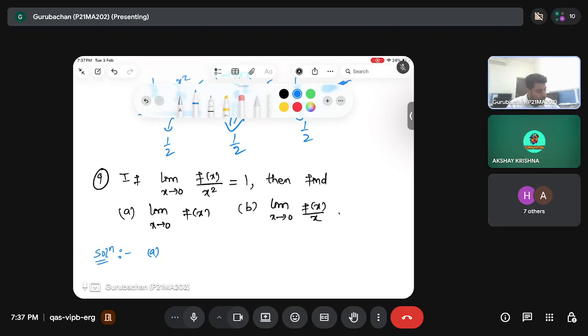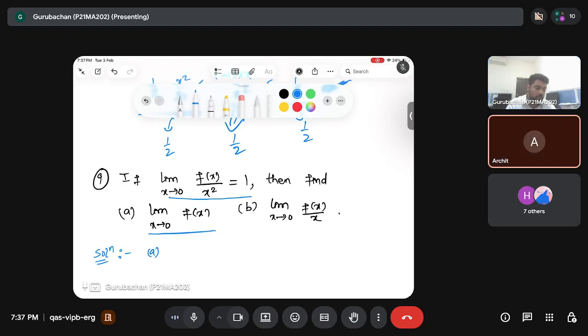No, we don't need to do that. It is just a simple property of limit or algebra of limit. You need to use this one, and how you can use it to calculate this, you have to think about it.